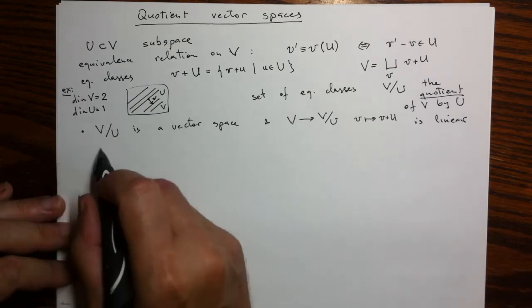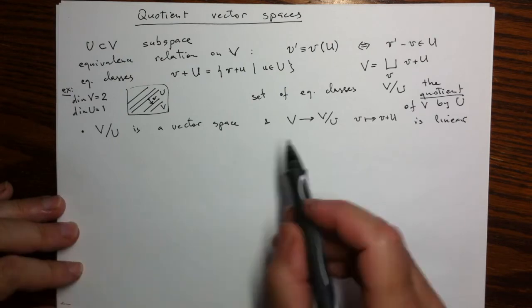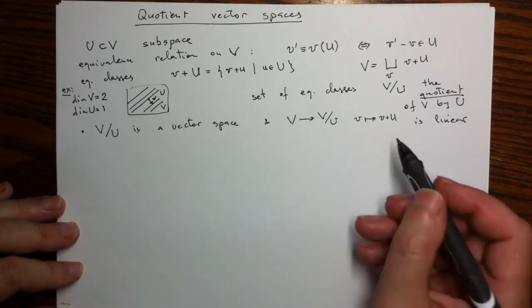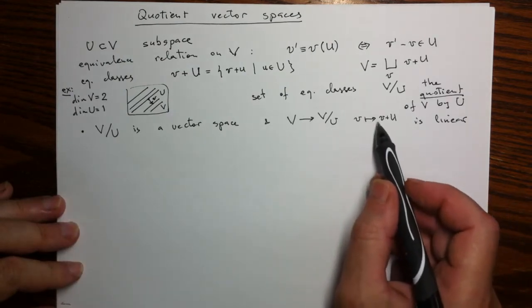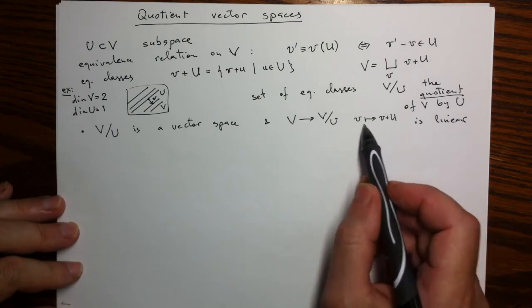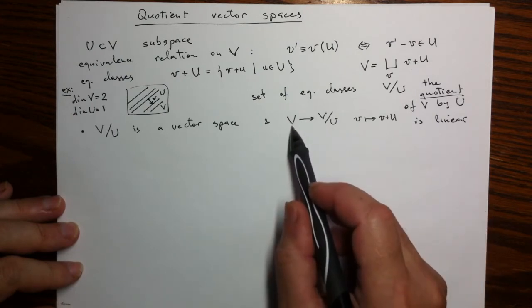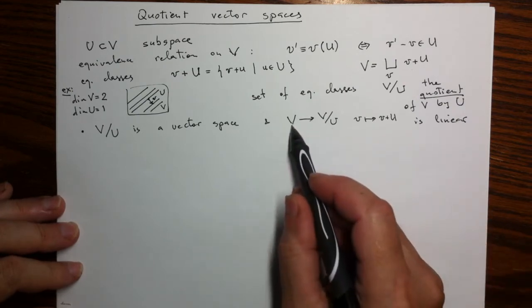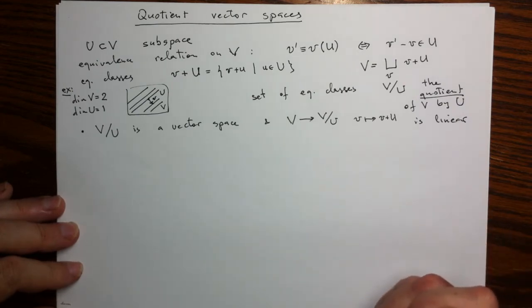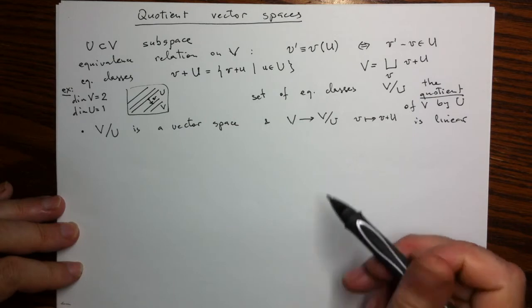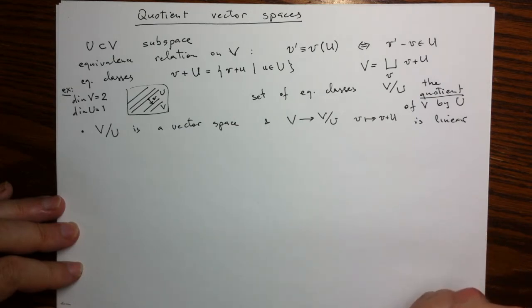So let's see how we can make this space linear so that the map will become linear. And that is all determined. To have this map linear, we have to preserve the addition and the scalar multiplication under this map. So we have to really follow the structure of V, the linear vector space structure of V, to tell us what the vector space structure on the quotient should be.